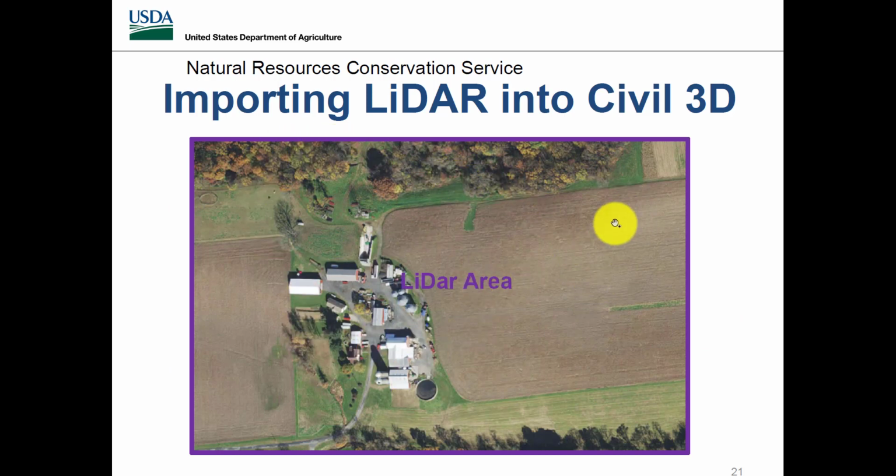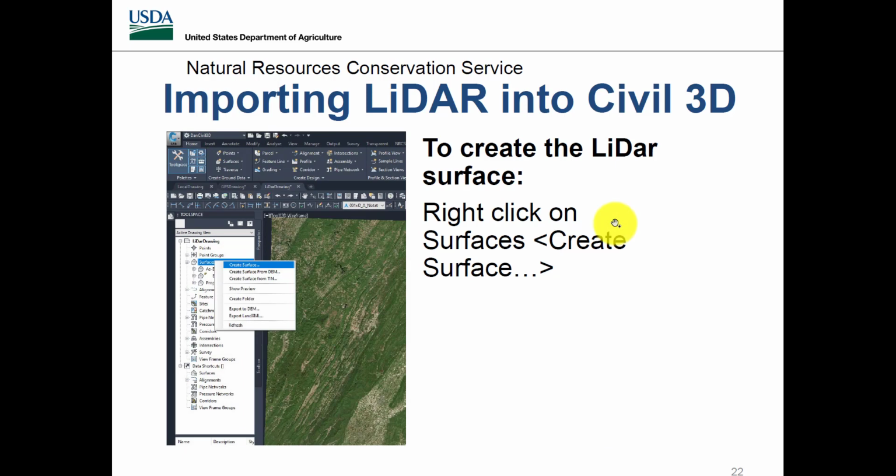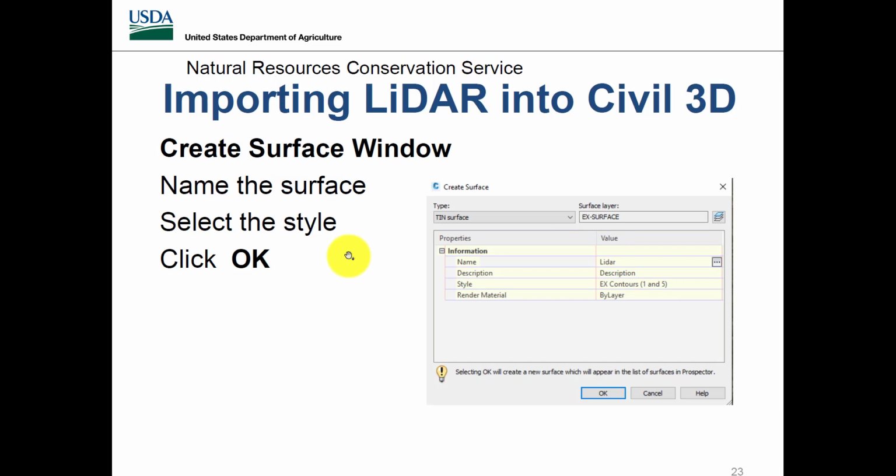So here's the LiDAR area that we created, that we clipped to. To create the LiDAR surface, just go ahead under the Prospector tab under Surfaces, and right click, create surface. And then the create surface window will appear.